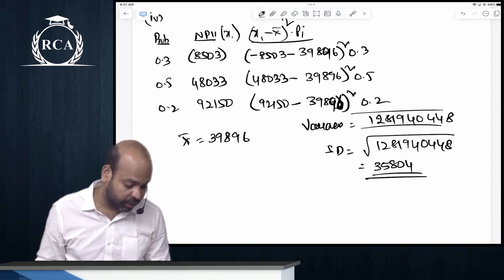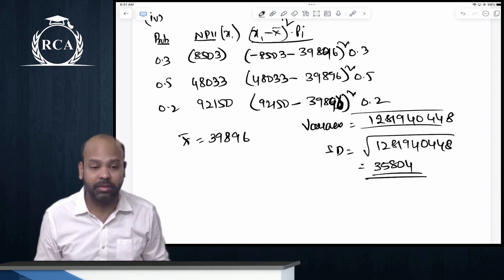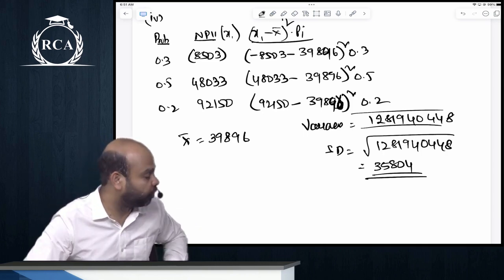How will you arrive at the coefficient of variation?